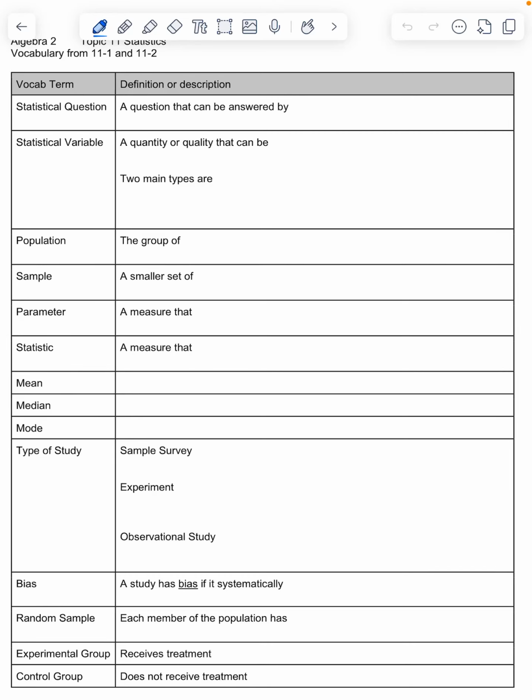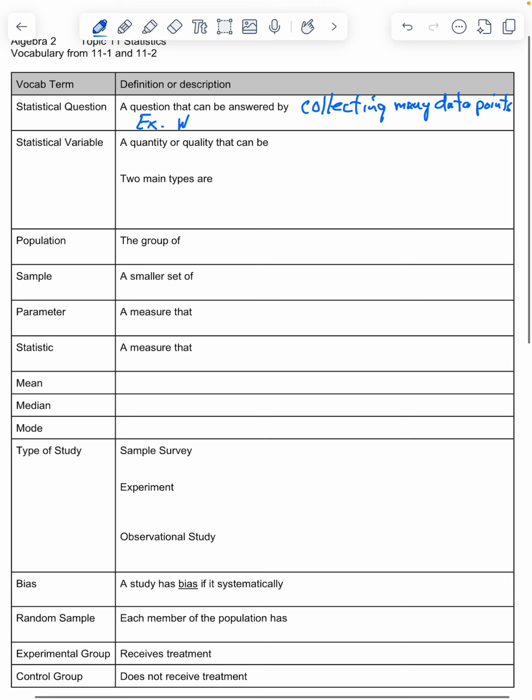Let's discuss some of the vocabulary as an introduction to our statistics unit. So let's start with statistical question. A statistical question is a question that can be answered by collecting many data points. So an example of that would be, what is the average height of sophomores?